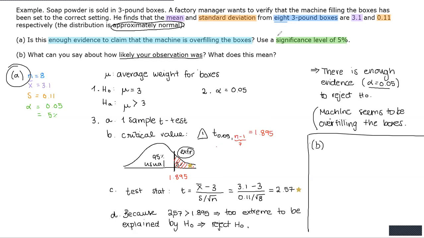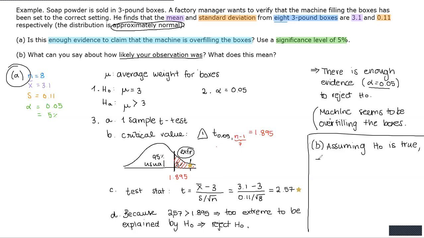So the idea of the way that we're conducting our hypothesis test is that, like we assumed from the beginning, remember we always assume that H naught is true. What we are saying is that our result was in the 5% more extreme cases, right? It was actually a little bit above that. And so that means that my result would have happened less than 5% of the time, right?